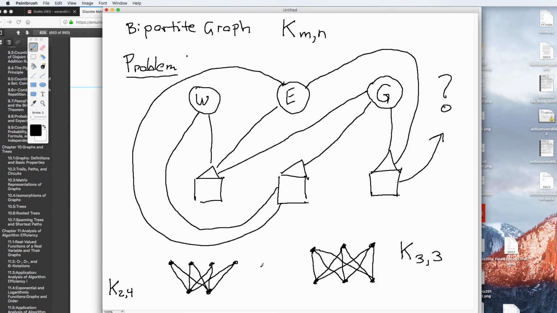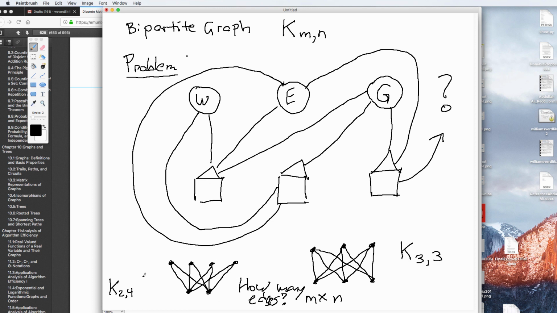So the question is how many edges? And the answer would just be m times n. I hope that's clear. These are very interesting graphs, and people have studied these quite a bit.